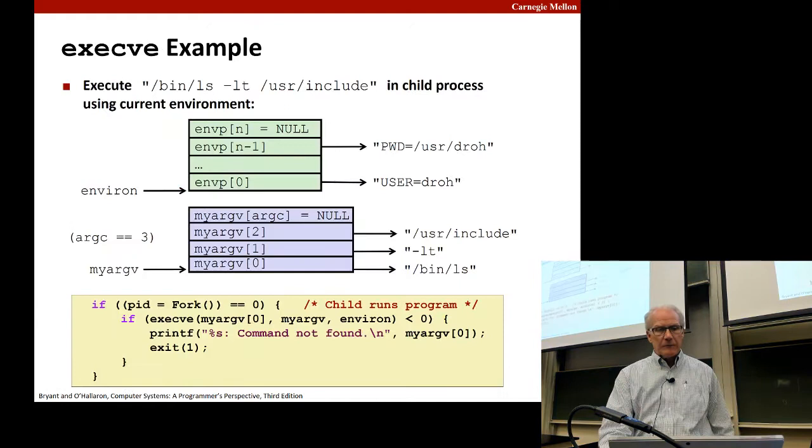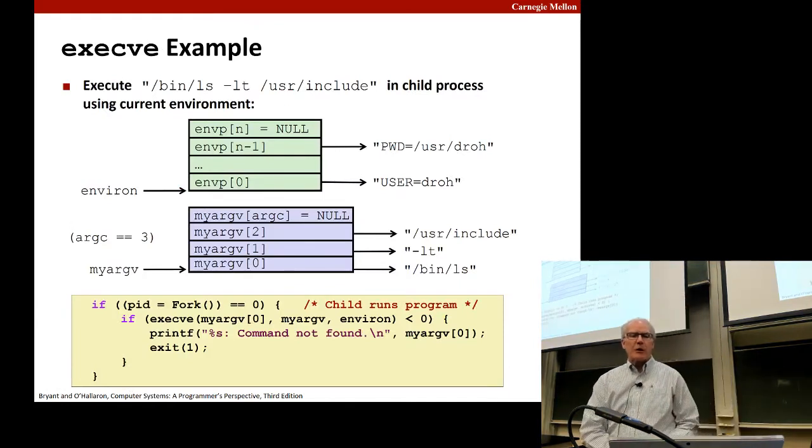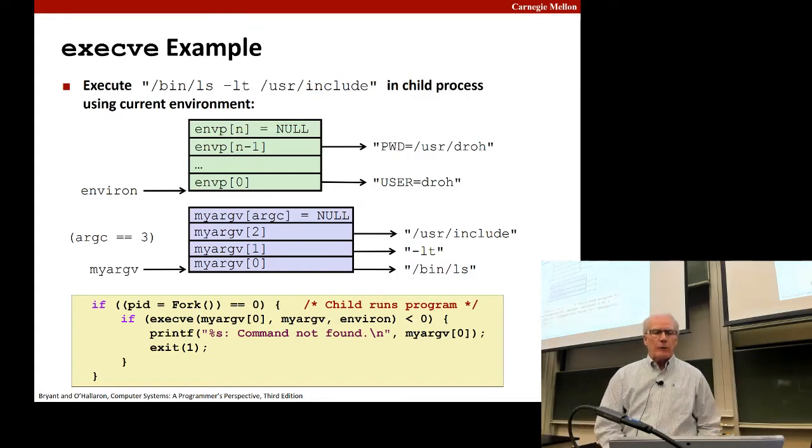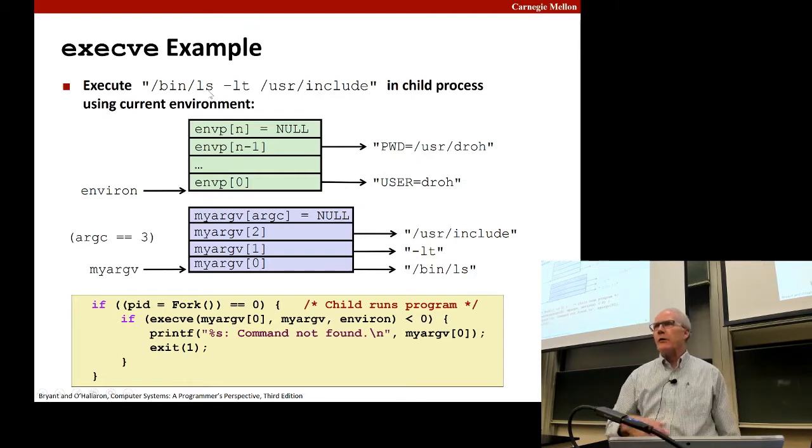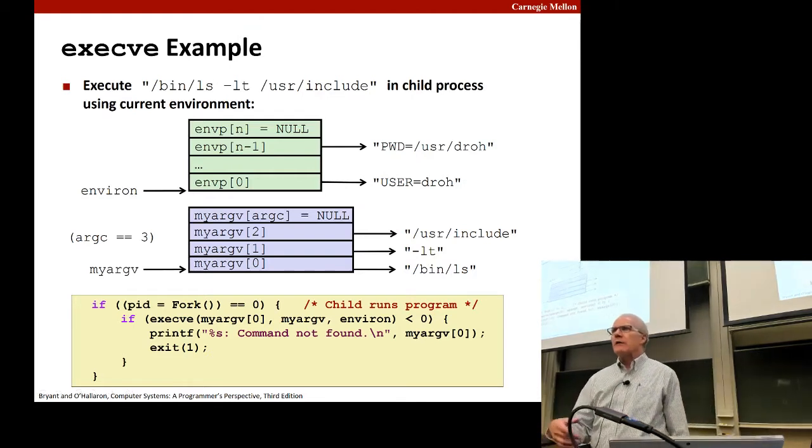So this is an example of setting up a call to exec. What I want it to do is call the ls operation with some command line arguments. So ls, as you know, is a command within the shell that you can use to list files. ls, rm, mv, all those.